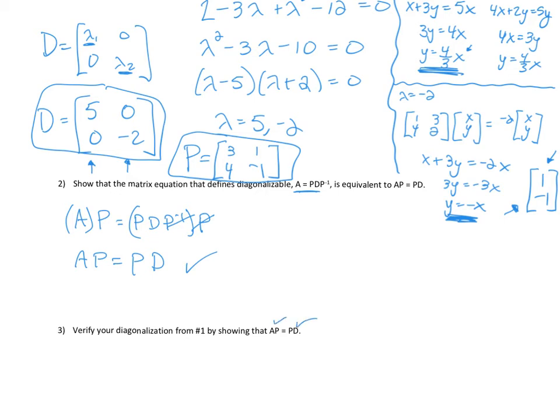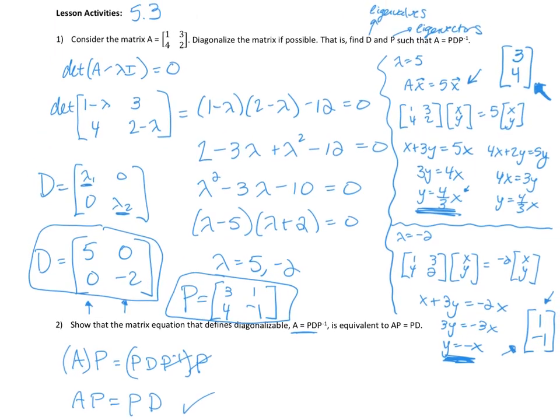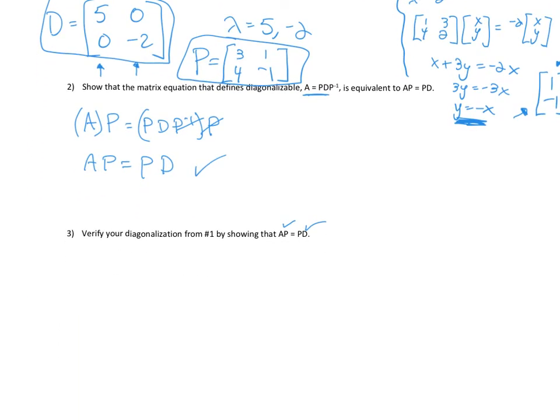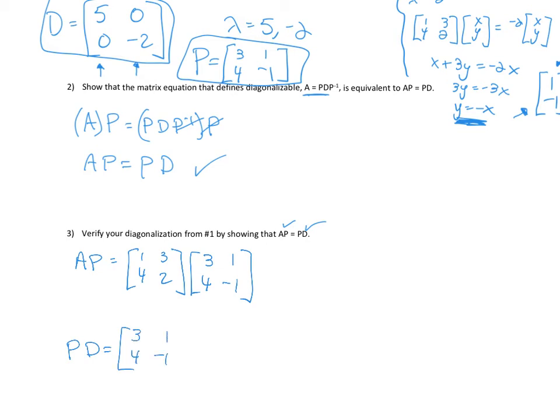All right, so now I'm going to verify my diagonalization from number 1 by showing that AP equals PD. Okay, so A was 1, 3, 4, 2. And P that I calculated just a minute ago is 3, 1, 4, -1. And I want to show that is equal to P times D. So P is 3, 1, 4, -1, and D is 5, 0, 0, -2.